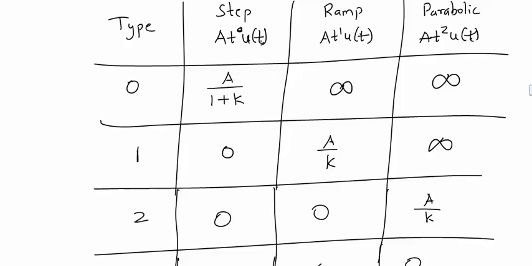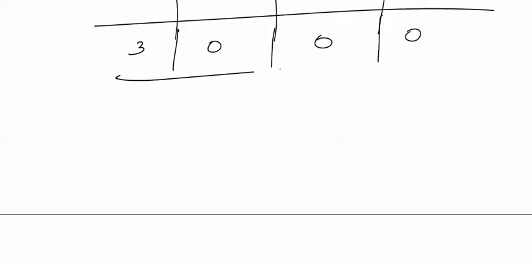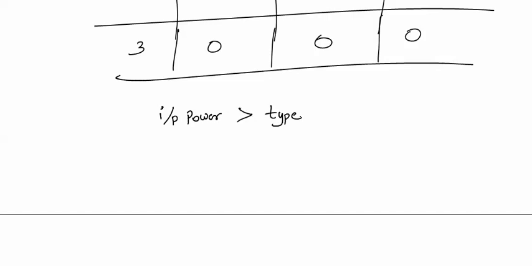So let us write this. So finally the conclusion is this. If the power of input is greater than the type of system, then steady state error will be infinity.